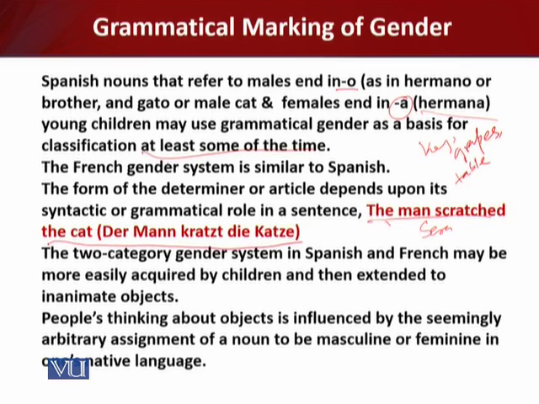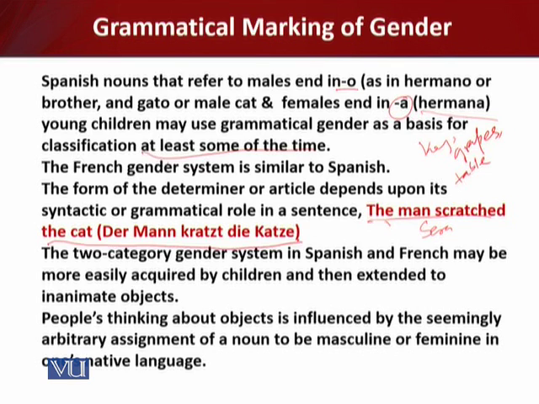You see the German translation of the man in the sentences, the man scratched the cat, der Mann kratzte die Katze, and the cat scratched the man. Look at the translation. Now, in French and Spanish, the man would be marked for gender only. And in English, the man would be marked for neither gender nor case.